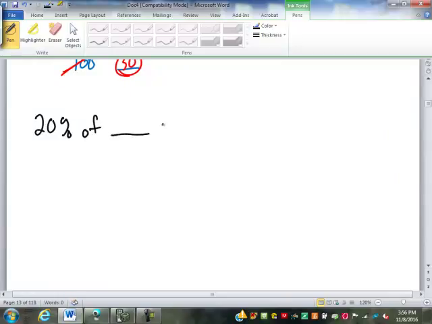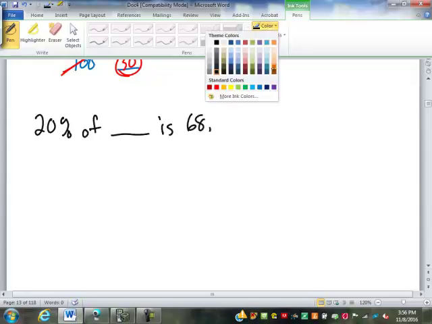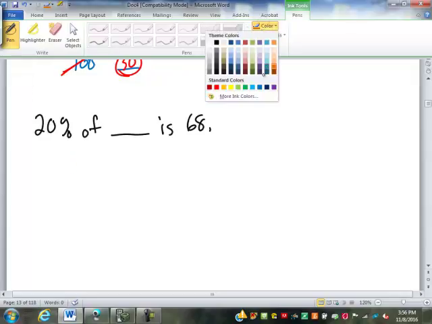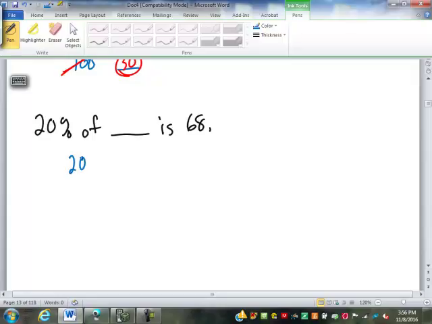20% of blank is 68. So here again, we have the percent. 20% is 20 out of 100. On the other side, what's going to match up?